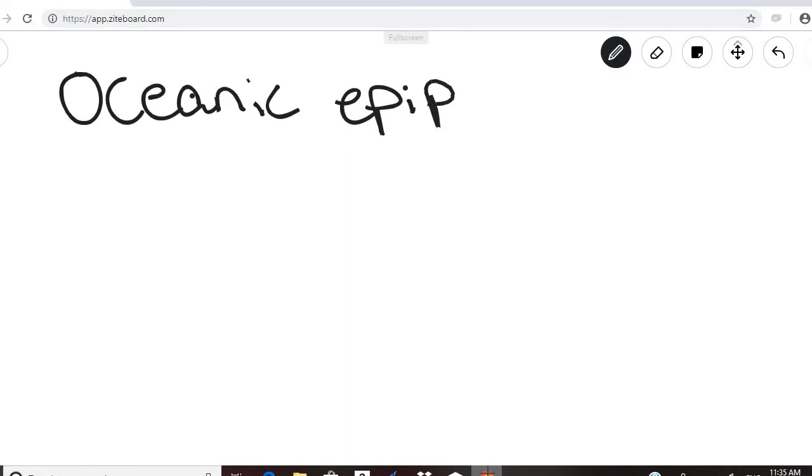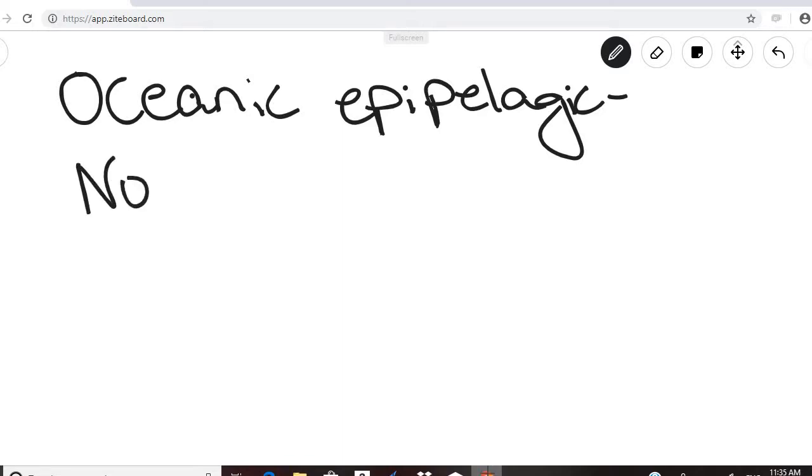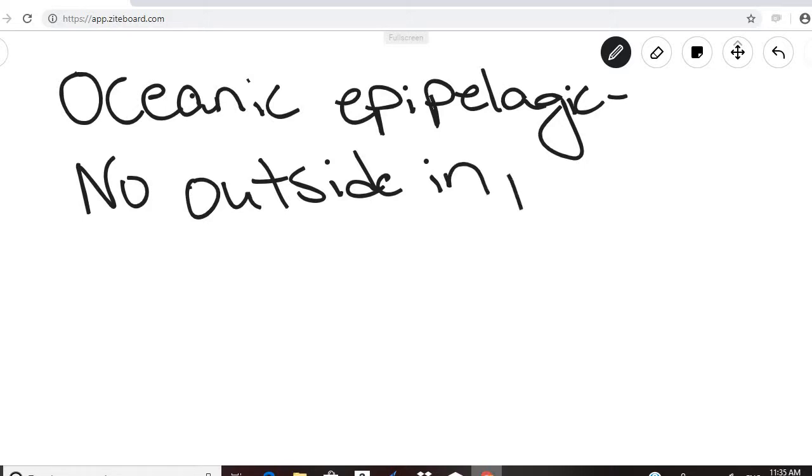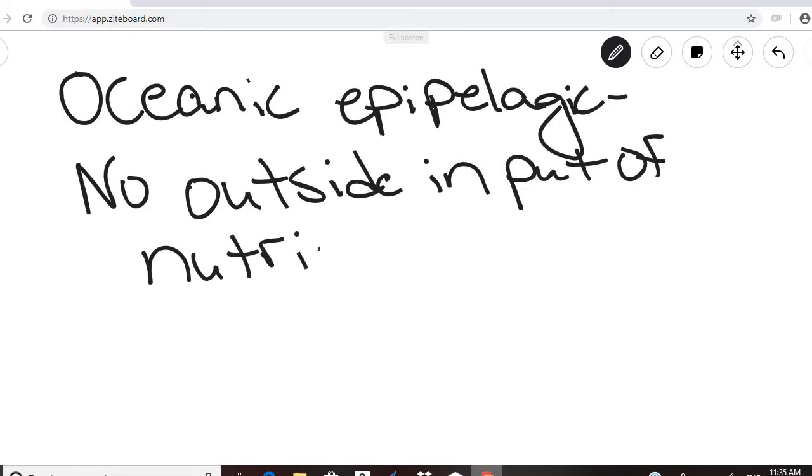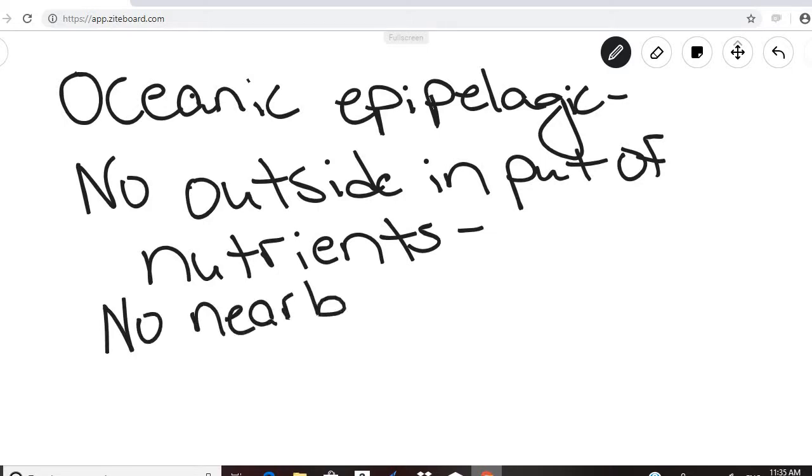But then when we look at the oceanic epipelagic, and now what can we say about that? Well, there is no outside input of nutrients, because there are no nearby ecosystems that they can get food from.